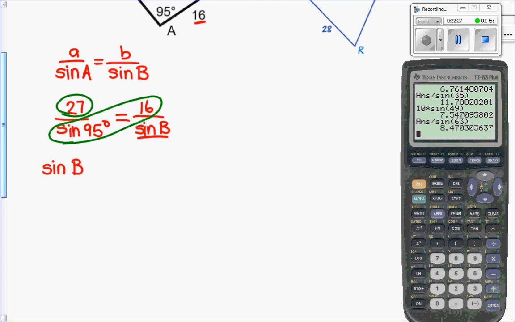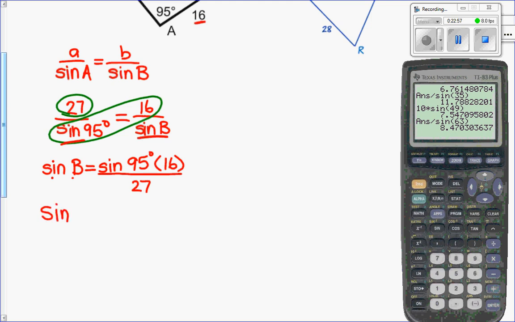Sine of B is going to be sine 95 degrees times 16. And then we're going to divide it by 27. That doesn't give me what I want. This gives me sine B. I need angle B. So if this is going to give me some decimal that is the sine of B, to figure out what B is, I need to do the inverse sine.